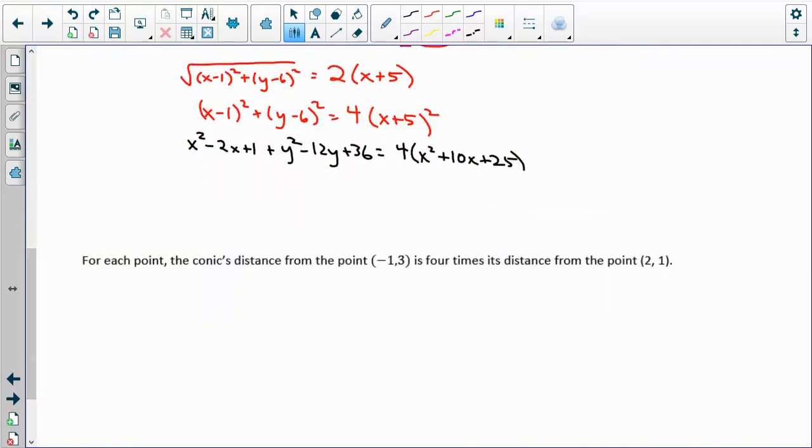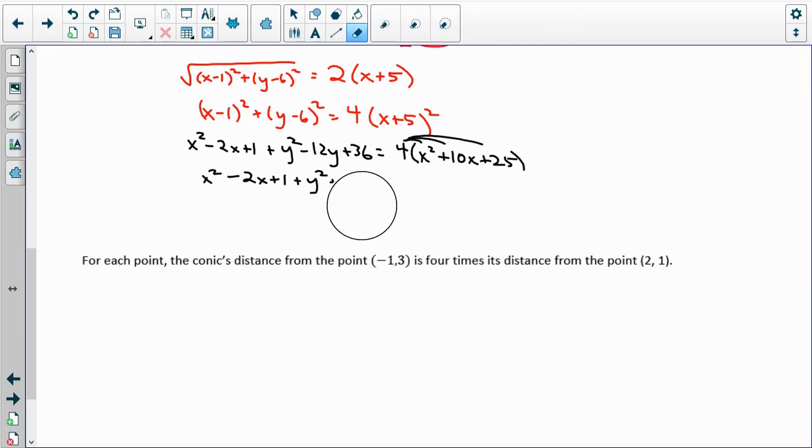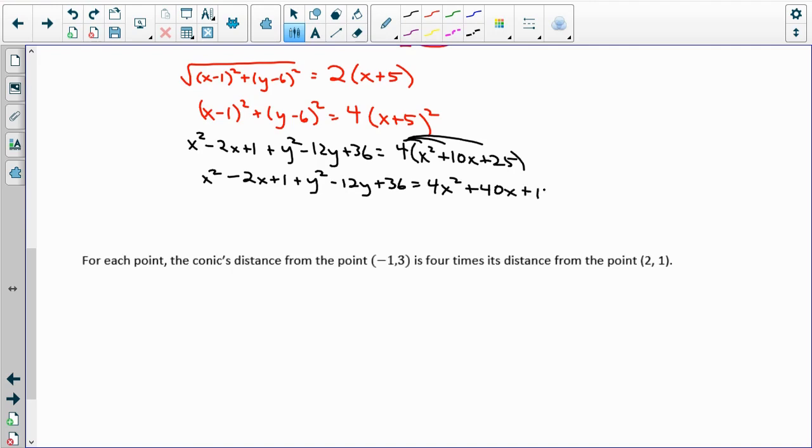As I continue to do this, now a good decision would be to distribute the 4 on the same side it originally was, because now I'm still not dealing with fractions. So x squared minus 2x plus 1 plus y squared minus 12y plus 36 equals 4x squared plus 40x plus 100. So now let's subtract everything over. I have negative 3x squared minus 42x plus y squared minus 12y, and then I have 37 on the left side, subtracting 100, that will be minus 63.